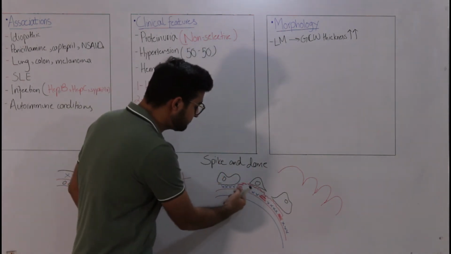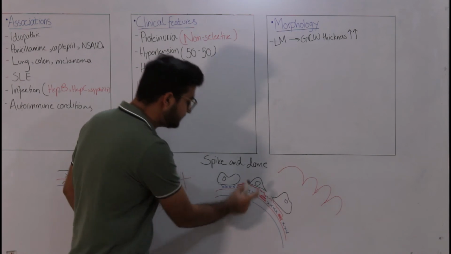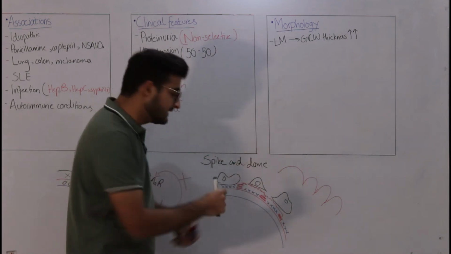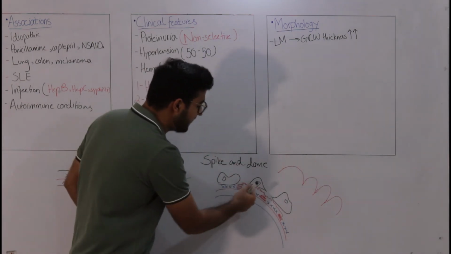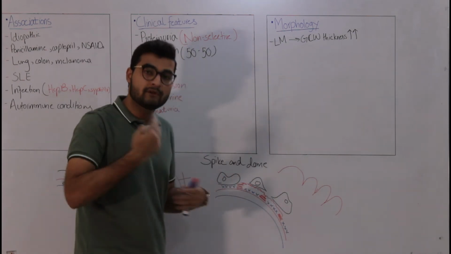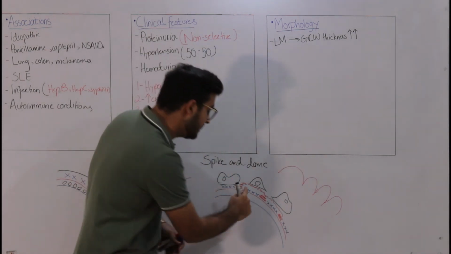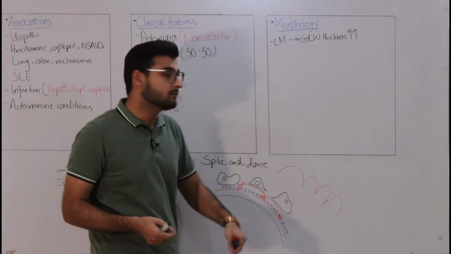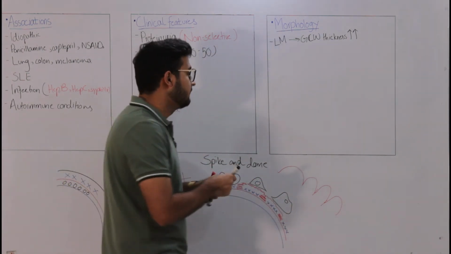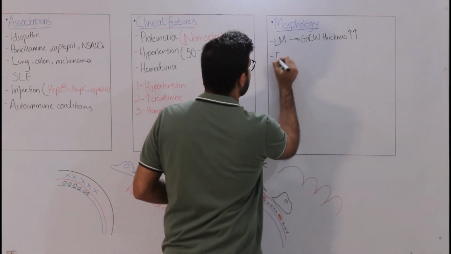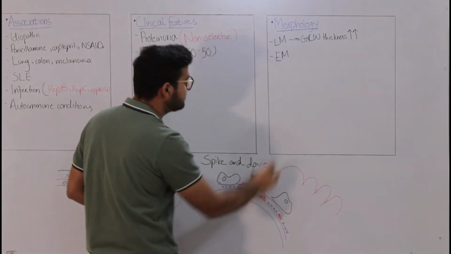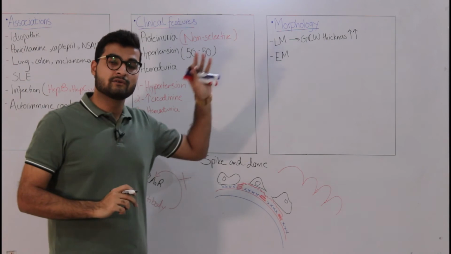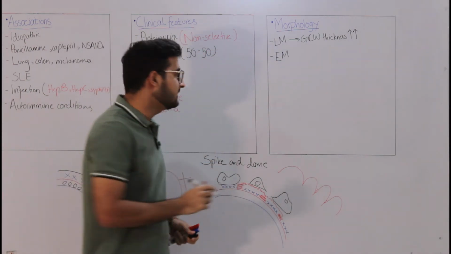Spikes are going to be the basement membrane growth, and between the two basement membrane spikes you will have a dome formation, and it is going to be the overgrowth of your basement membrane above the immune complexes. So this is how you will have spike and dome appearance, and it is going to be visualized on your electron microscope. So you'll have a spike and dome appearance.